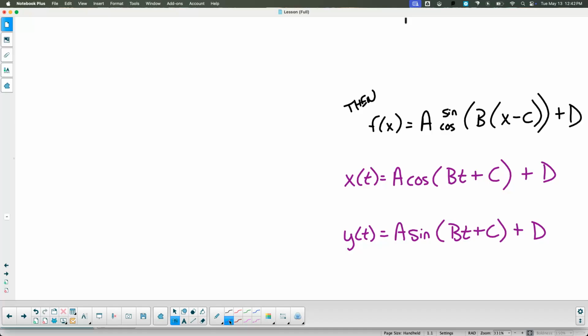So A here is going to be the radius of your circle. A's positivity is also going to be your direction of travel.